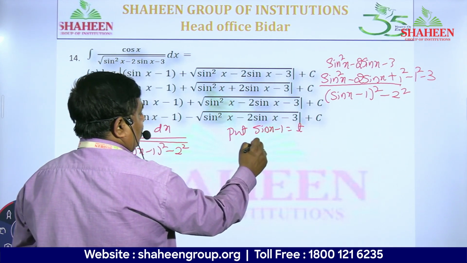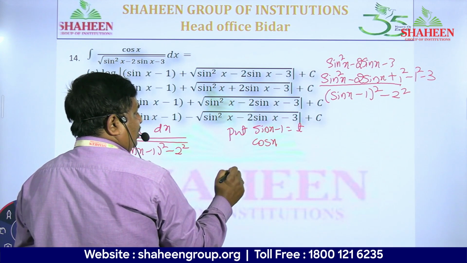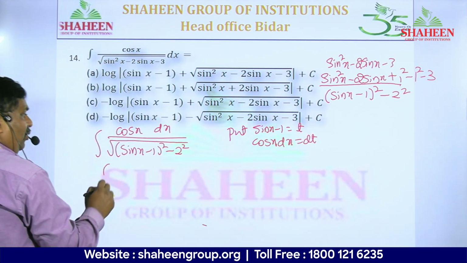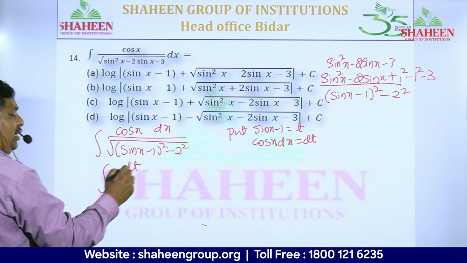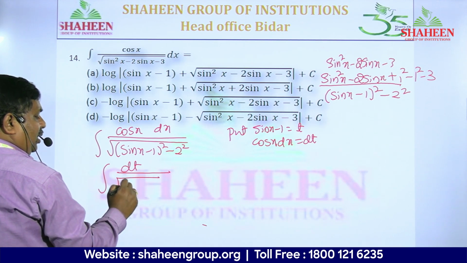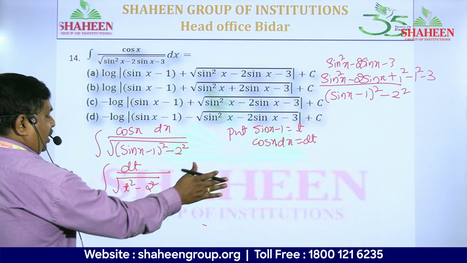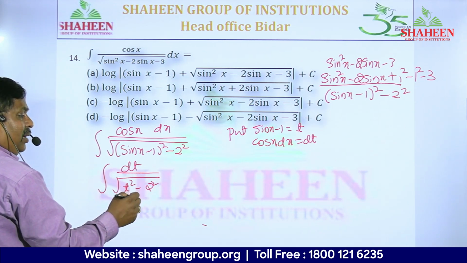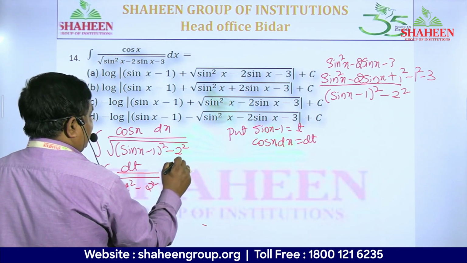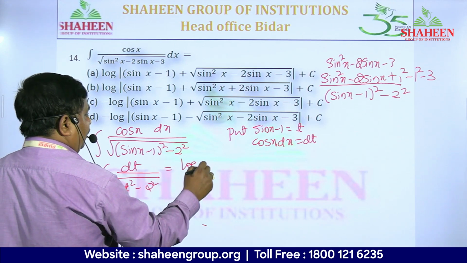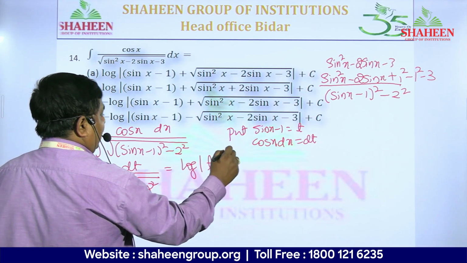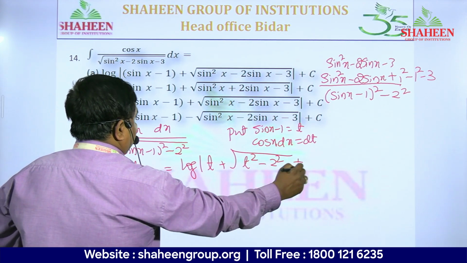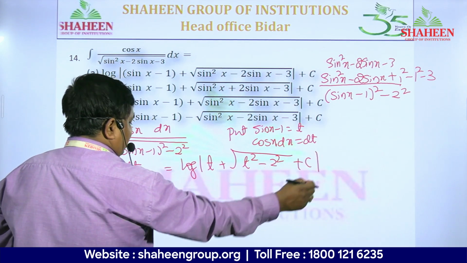The derivative of sin x is cos x and the derivative of minus 1 is 0, so cos x dx is equal to dt. So directly we can write dt divided by under root t square minus 2 square. And we know that this is in the form of 1 divided by under root x square minus a square. The formula is log of x plus under root x square minus a square plus c. This is the formula.